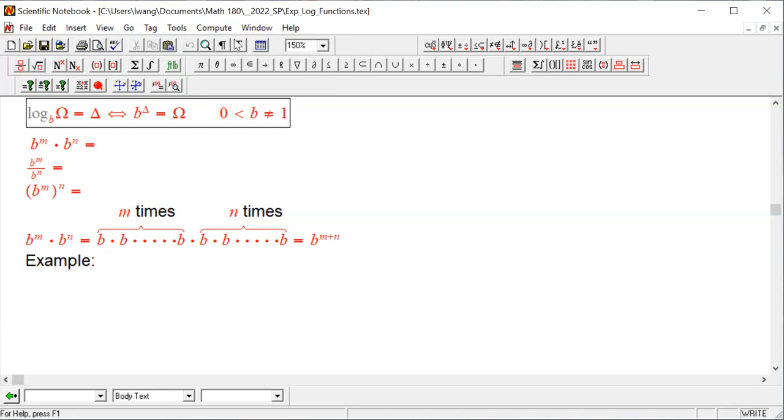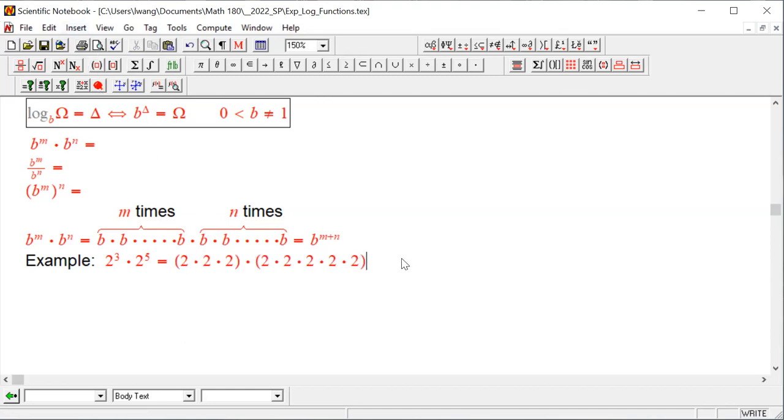For example, you have 2 to the power of 3 multiplied by 2 to the power of 5. So 2 to the power of 3 means you're doing 2 times 2 times 2, 3 times. 2 to the power of 5, you're doing 2 times 2 times 2 times 2 times 2, 5 times.